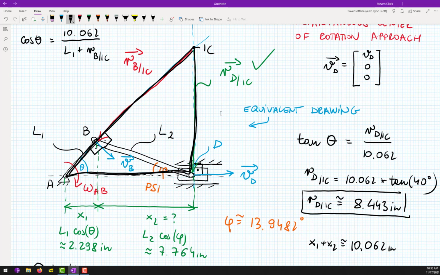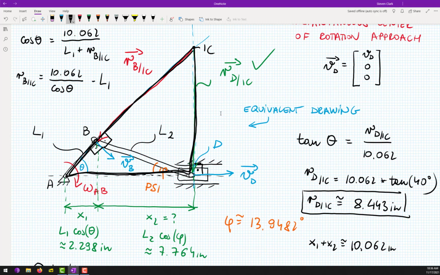Okay, so now RBIC is equal to 10.062 divided by cosine theta minus L1.